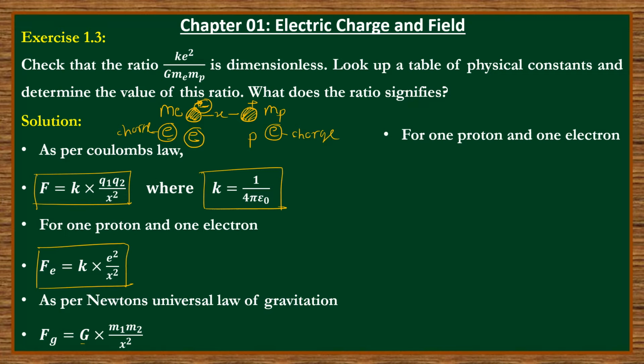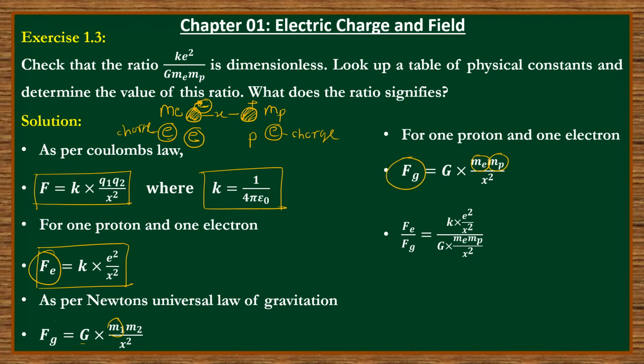For one proton and one electron, m1 will be me and m2 will be mp, and the distance is the same. Now take the ratio of the electrostatic force divided by the gravitational force. After doing that, x squared cancels, and the remaining is what is given in the statement.